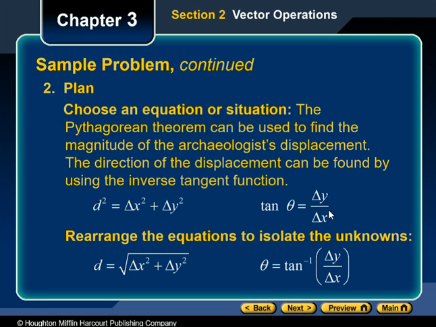But again, that's why it's so important to draw your coordinate system and draw your diagram so that you can take care of knowing which value needs to be a numerator and which needs to be a denominator. But I'm not just trying to find the tangent of the angle, I'm trying to find the angle itself, theta. So in order to solve for theta, I need to take the inverse tangent, that's why it's tan to the negative 1, of that same fraction.